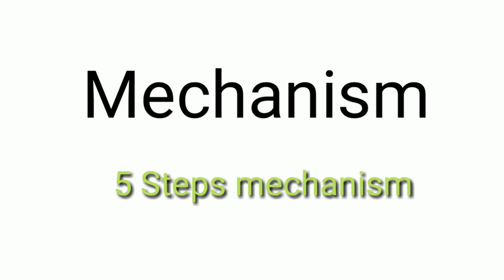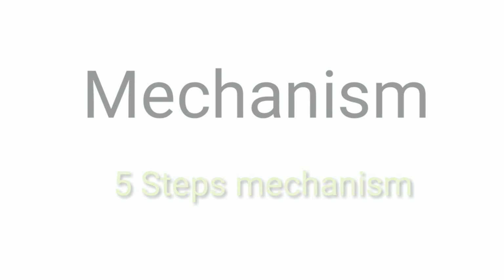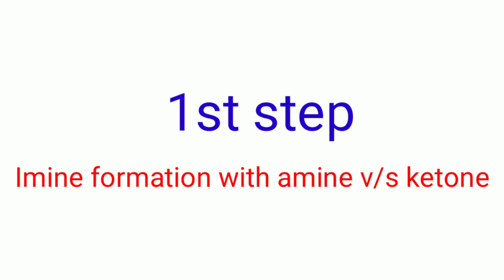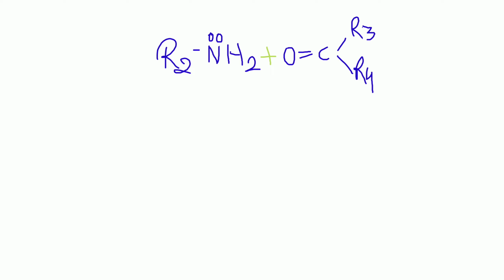In the mechanism of the Ugi reaction, 5 steps are involved. In this mechanism, the first step is the imine formation with amine and ketone. See what happens in this reaction. The nitrogen of this amine has one lone pair, and in ketone, carbon has a partial positive charge and oxygen has a partial negative charge.